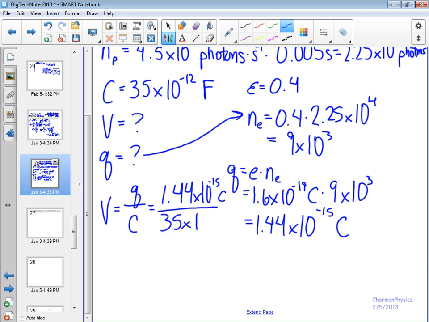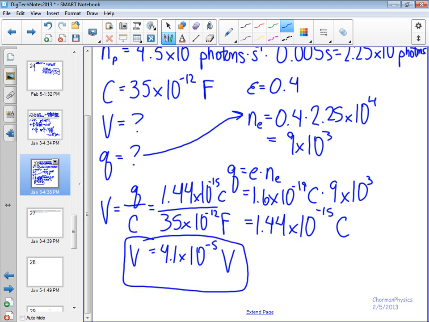What we end up with is a small little voltage that we put up on this little pixel. We know this answer makes sense because of how small the voltage is that we're building up in the pixel. It shouldn't be a large amount.